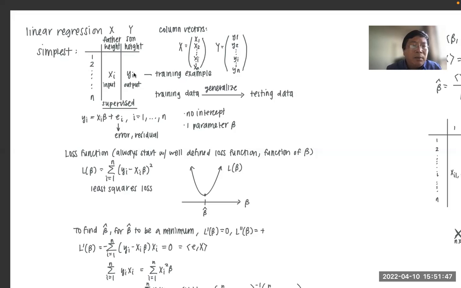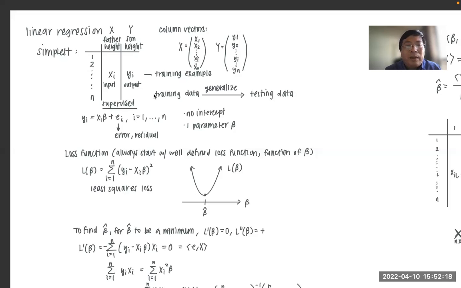And in terms of machine learning, we often call this our training data, so that each xi and yi is called a training example. So the idea for learning is that from this training data, we want to learn a model, so that this model can be applied to the testing data, where suppose I only tell you father's height, whether you can predict the son's height.